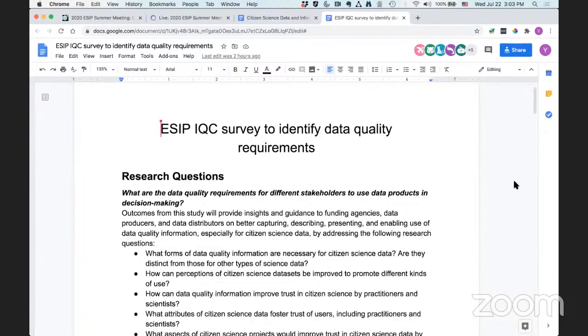But I think that having additional experts is a great idea too, because having multiple perspectives on the design of a survey, and especially on the revision of questions can certainly help.